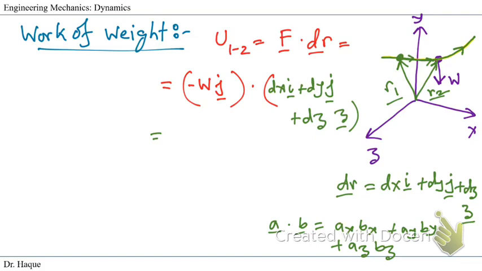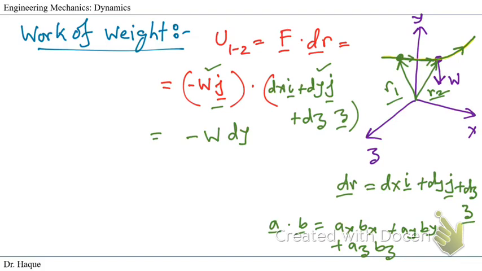Since we have only j, only this one will be valid. Since the force doesn't have an i and z component, those will be 0. So we'll be down to negative W and dy, and the rest of them will be 0.